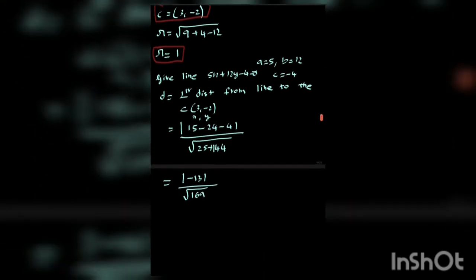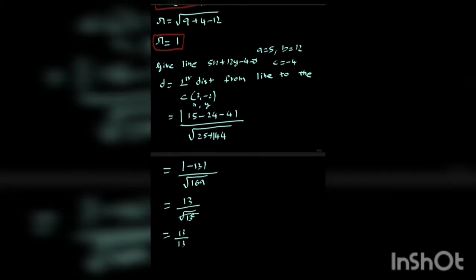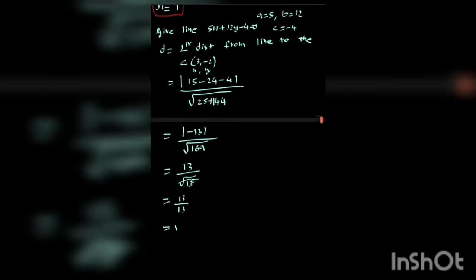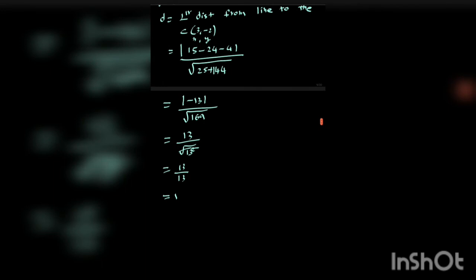So 13 square is 169, so 13 by root 13 square, square and root get cancelled, 13 by 13 it is 1. So r is equal to 1 and d is also 1. So r is equal to d. Hence the line touches the circle.